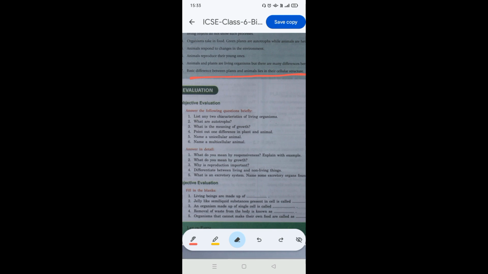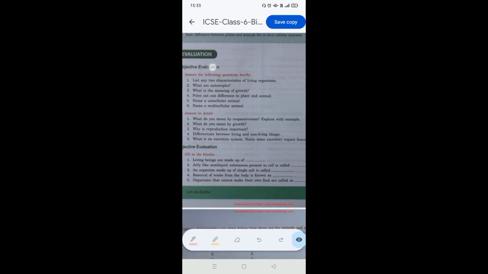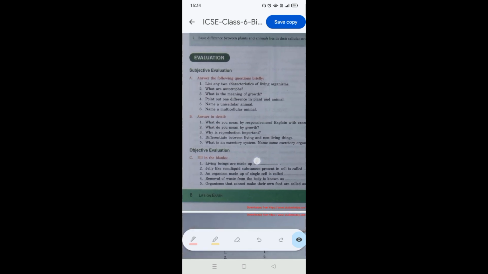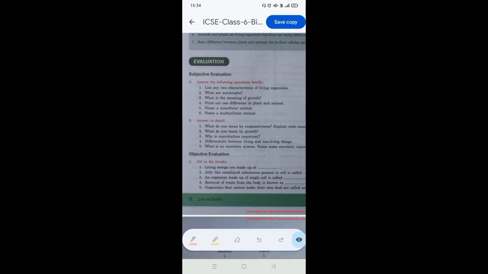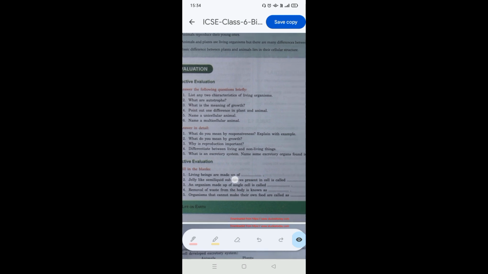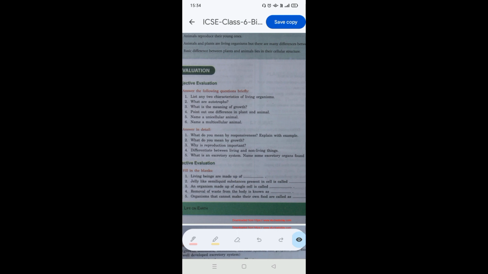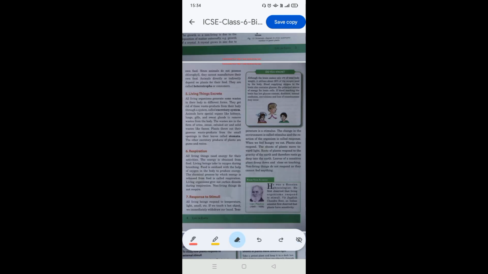Next, moving on. Answer in detail. What do you mean by responsiveness? Explain with example. So we have to write what we mean by responsiveness, and we should also give an example.